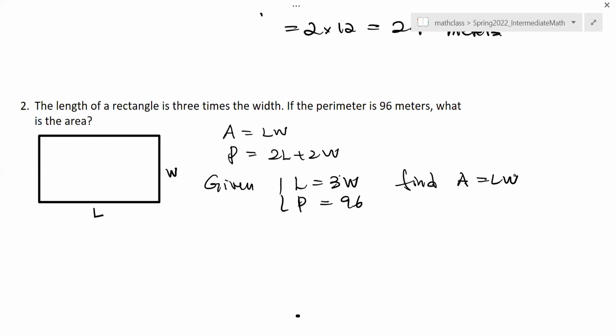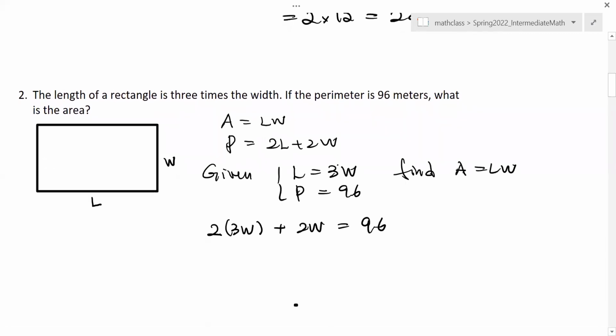So you write down what is given and what is to be found. Now you combine: because P is 96, it's 2L, with L being 3W, plus 2W, and that's going to be 96. Actually you're given 2 equations here: L equals 3W, and P equals 96.